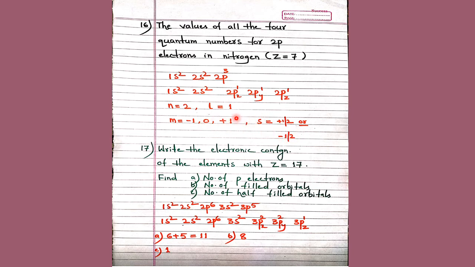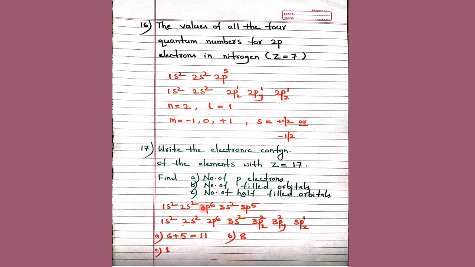So these 4 are the values of the 4 quantum numbers for the 2p orbital. Now, write the electronic configuration of the element with atomic number Z equal to 17. After writing, find the number of p electrons. So this is the electronic configuration according to the above principle. The number of p electrons: here 6, here 5, totally 11. Number of filled orbitals: here there are 3, 2px, 2py, 2pz.